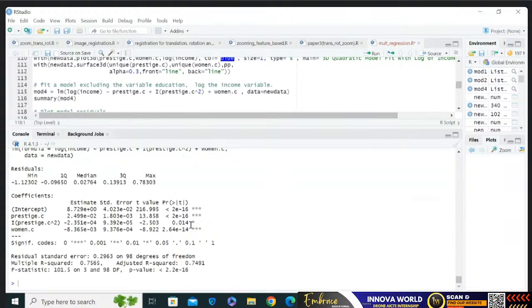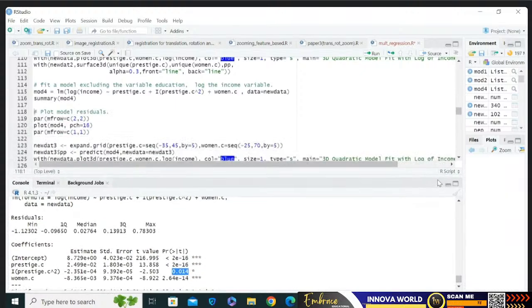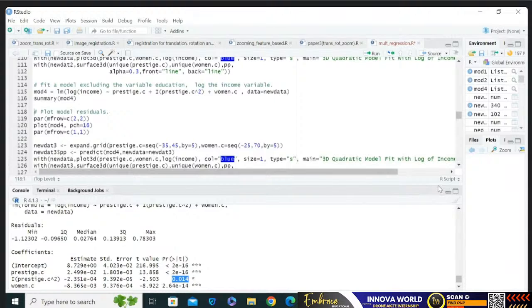It is significant at 5% level, but it is not significant at 1% level, because as you can see it is larger than 0.01 but smaller than 0.05. So in this way, simply by writing this kind of code, we can carry out nonlinear regression in this linear regression framework. Okay.